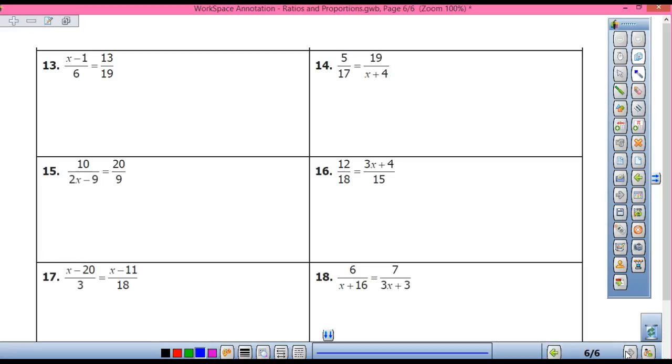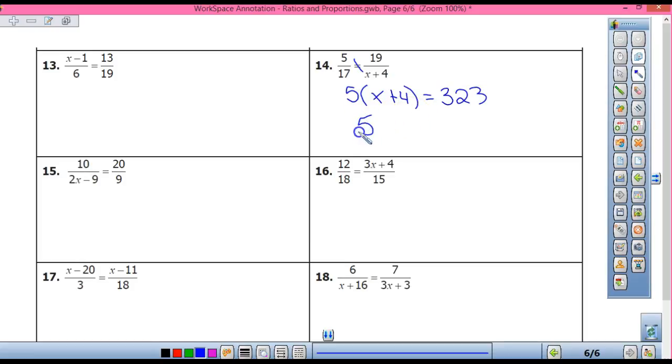Sometimes we need to be careful. Let's look at 14. Be careful because I'm taking 5 times the whole thing, x plus 4, equals, let me help you out, 17 times 19. So I have to do what?